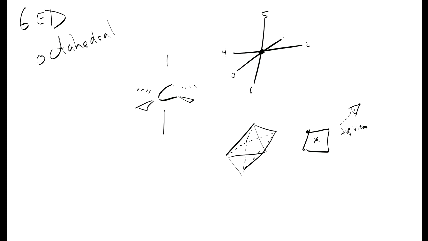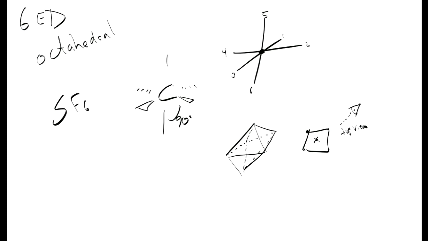Now, with an octahedral geometry, we've gotten back to a nice, highly symmetrical figure, and these bonds are all 90 degrees apart. They're all exactly the same. An example of this would be sulfur hexafluoride.